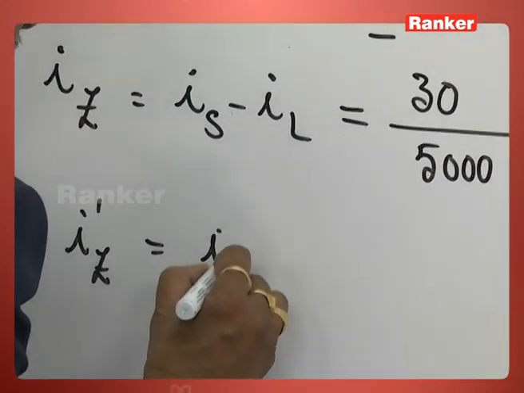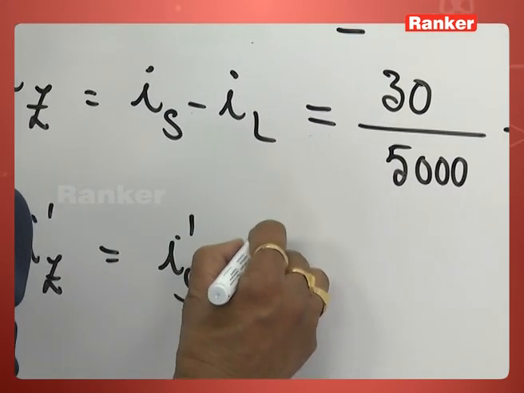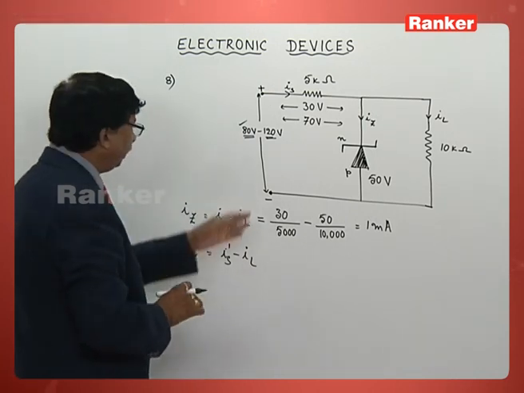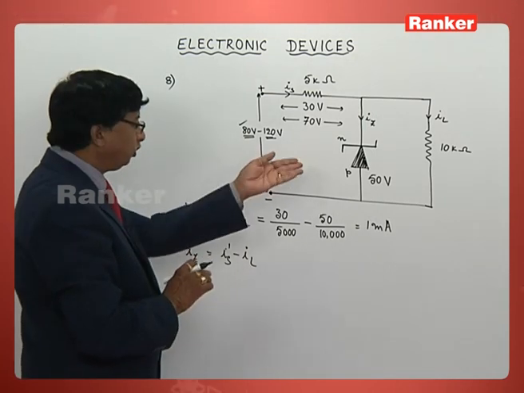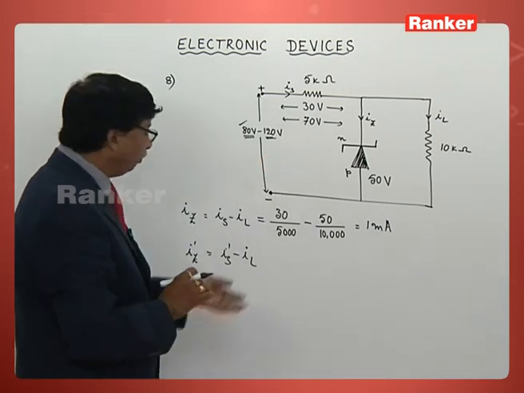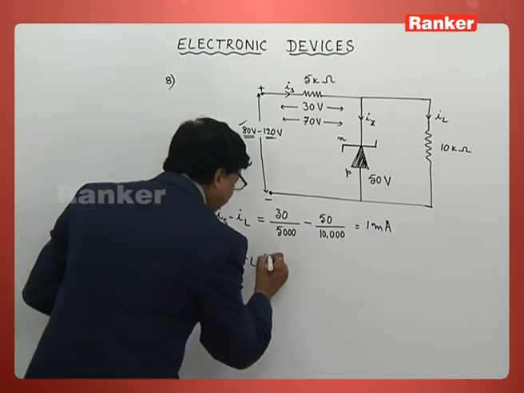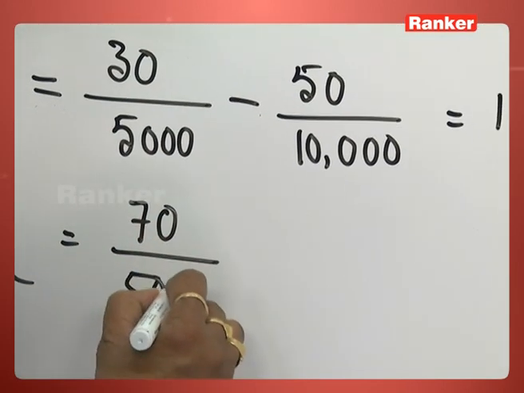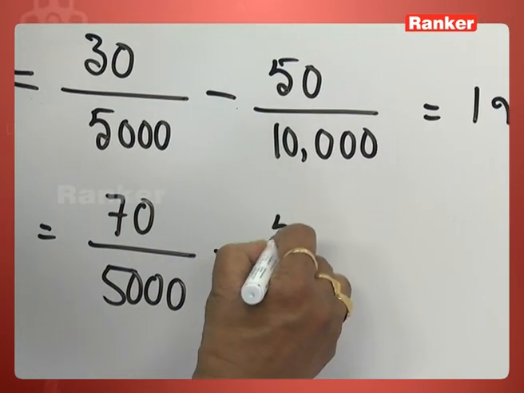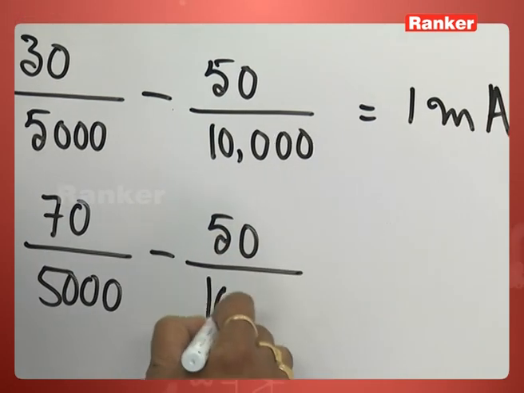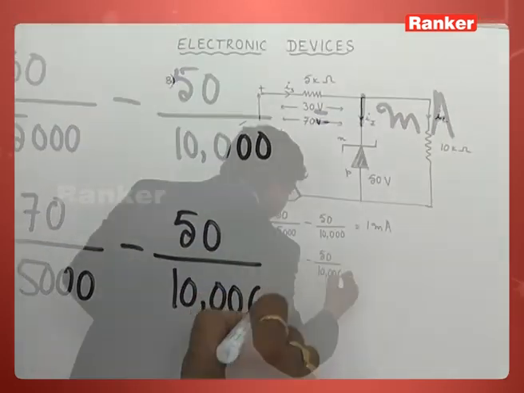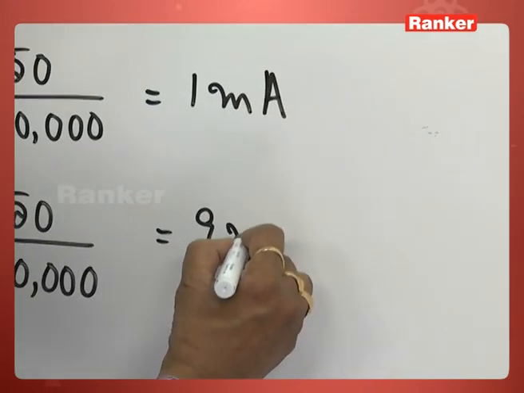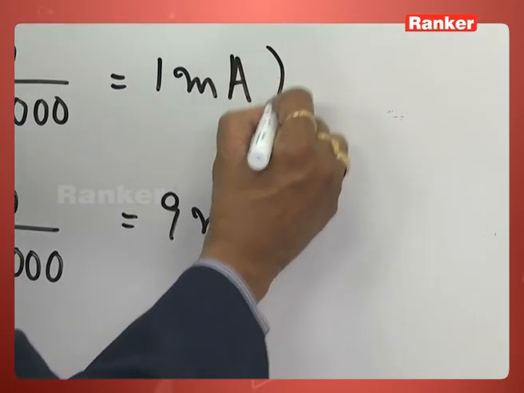I can write IS dash minus IL. This IL remains the same because output will be the same. So what we can understand in this particular case here, this 70 by 5000 minus 50 by 10,000. So this now becomes 9 milliampere as such.